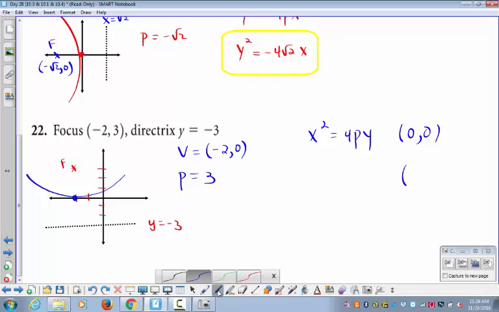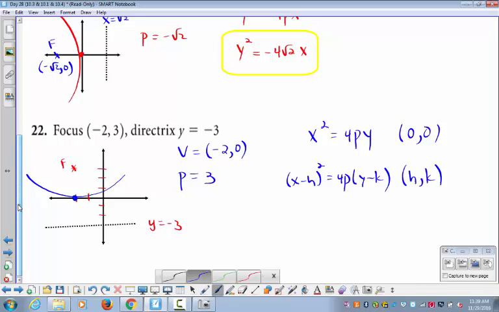Now, if the center is h, k, we're going to do just what we did with ellipses and hyperbolas. It's going to be x minus h and y minus k. So all we're going to do is make this x minus h squared equals 4p times y minus k. That will take care of shifting h units horizontally and k units vertically.